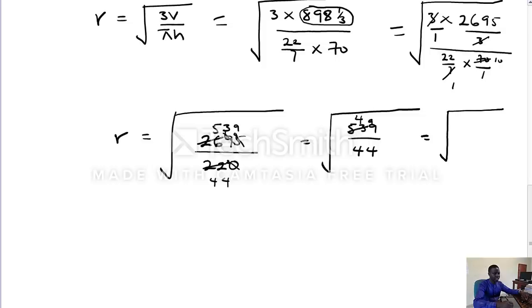This becomes 99. 11 into 99 is 9, and 11 into 44 is 4 times, leaving us with 49 divided by 4. And I don't think we can simplify this further.